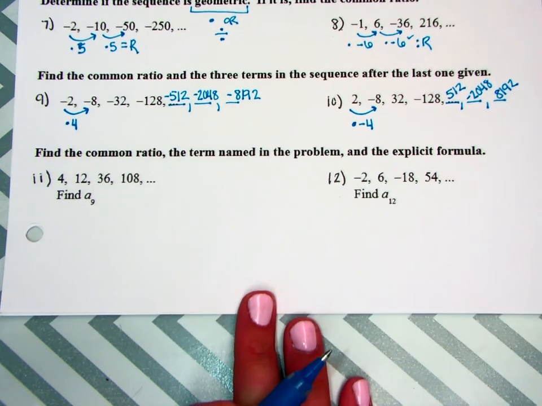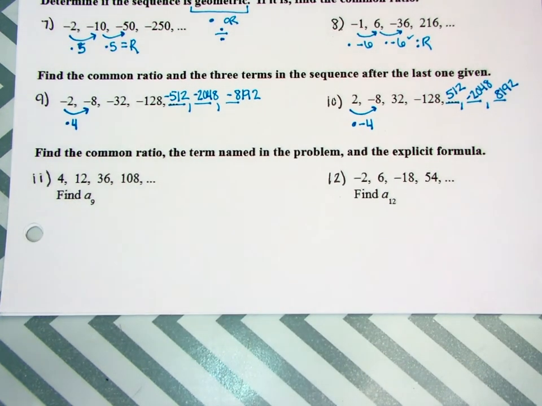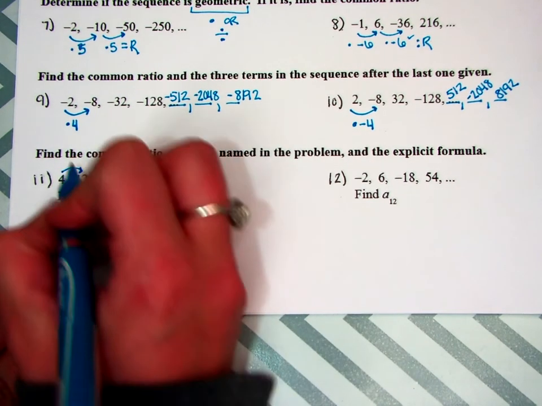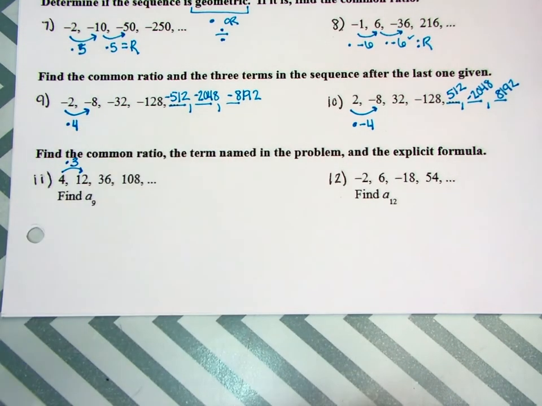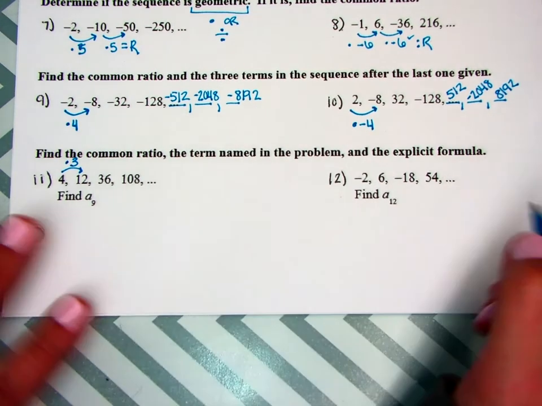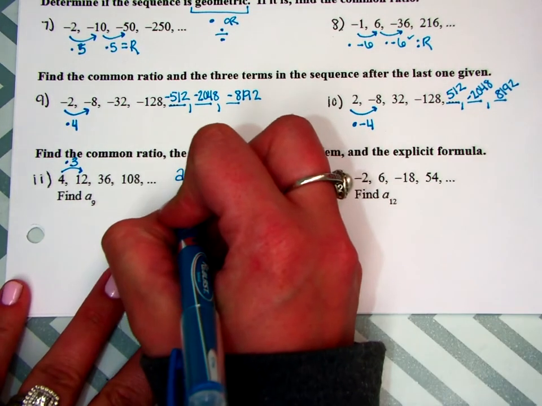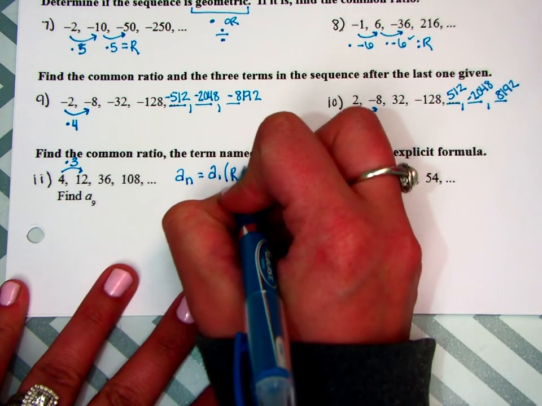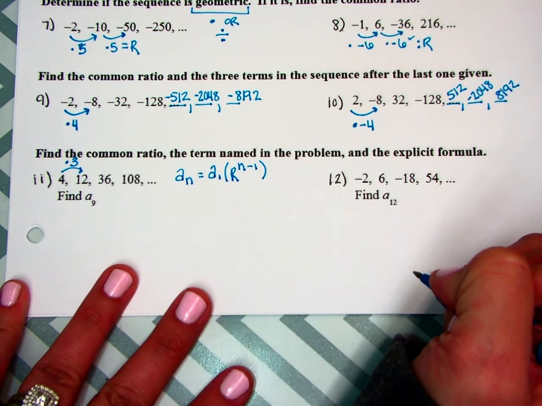All right, number 11, find the common ratio, the term named in the problem, and the explicit formula. So common ratio, how do I get from 4 to 12? Well, 4 times positive 3 is 12. So to do our formula, a sub n equals a sub 1 times r raised to the n minus 1.